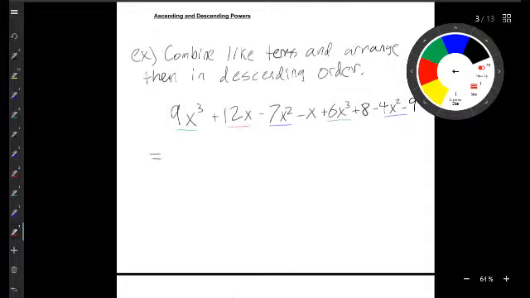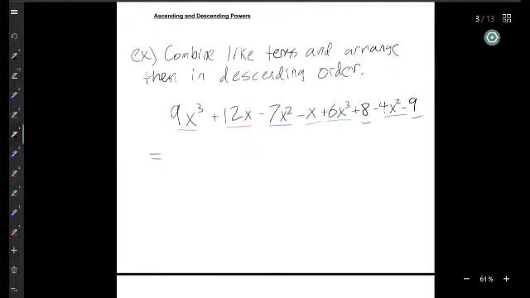And these x terms. And finally, these constant terms. We group them together.